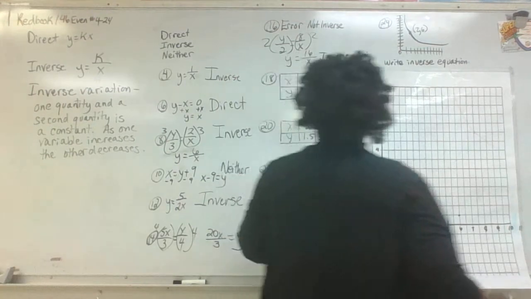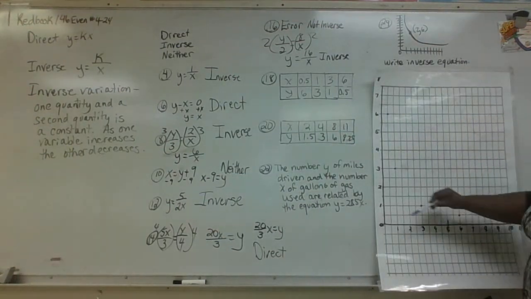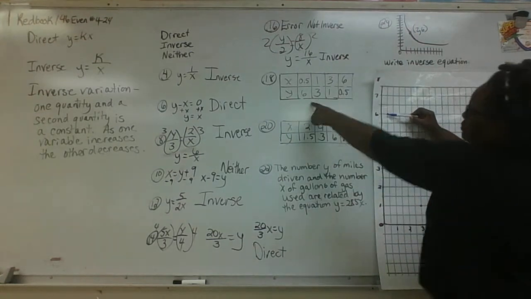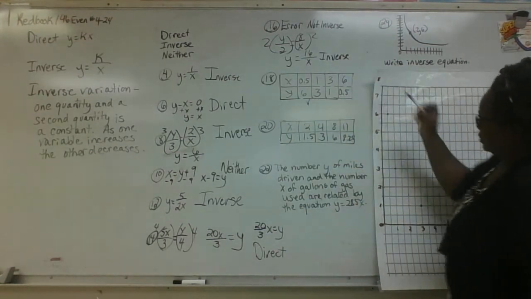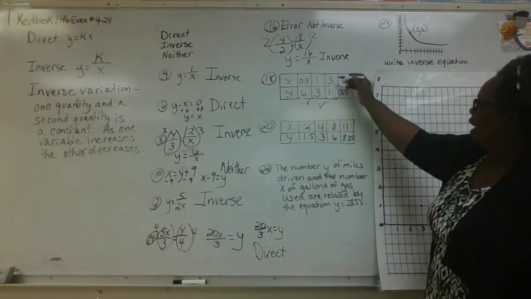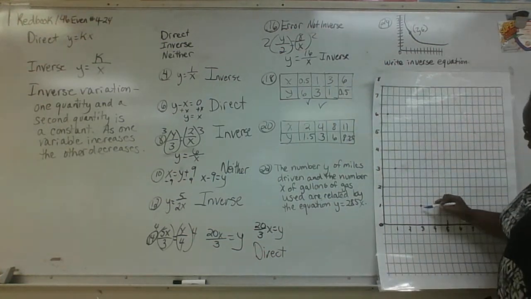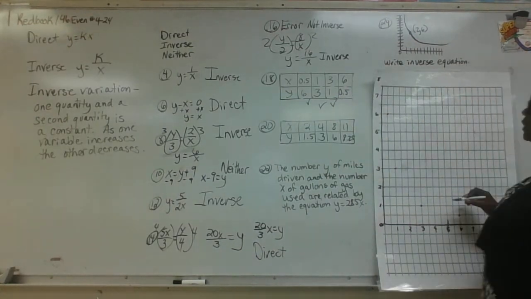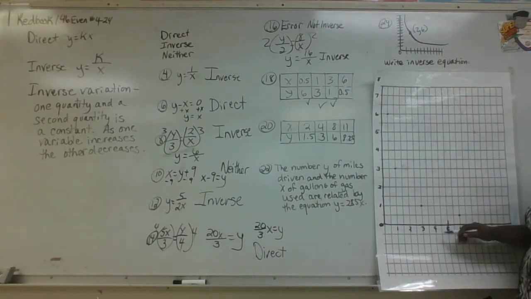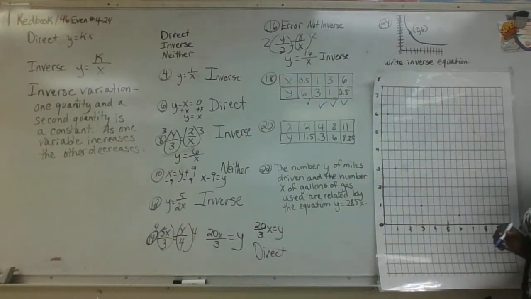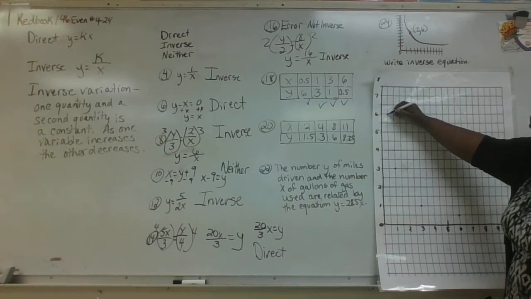All right, so let's verify. A half, 6. Got that. 1, 3. Got that. 3, 1. Got that. And then we have 6, a half. Got that. Okay, so now let's connect our dots.